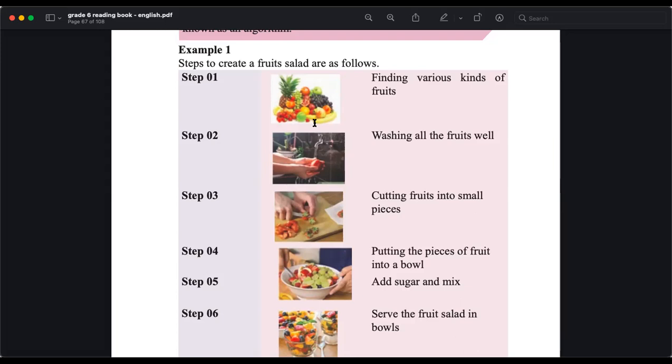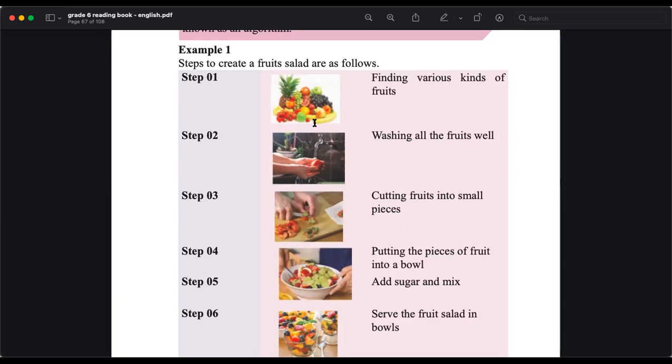Sugar. Anything else? Yes, sugar is input, fruits input. Anything else? You need water, no? You need water to wash. That is also input. Otherwise, you can't wash, no?